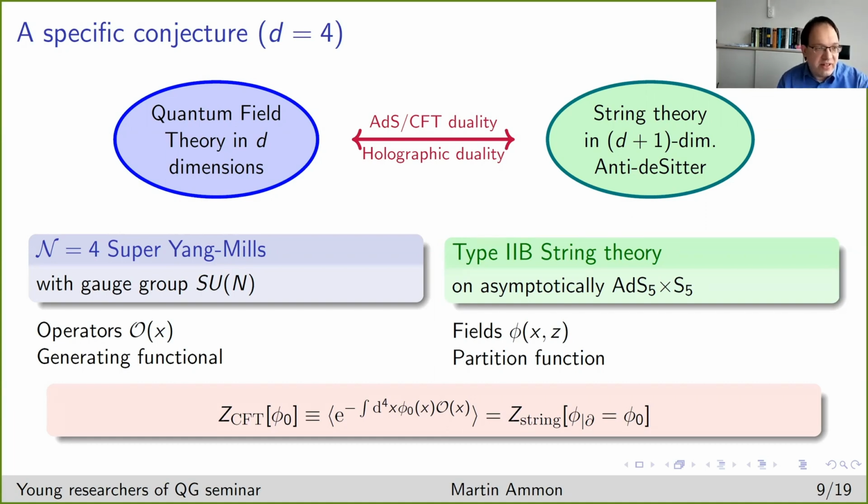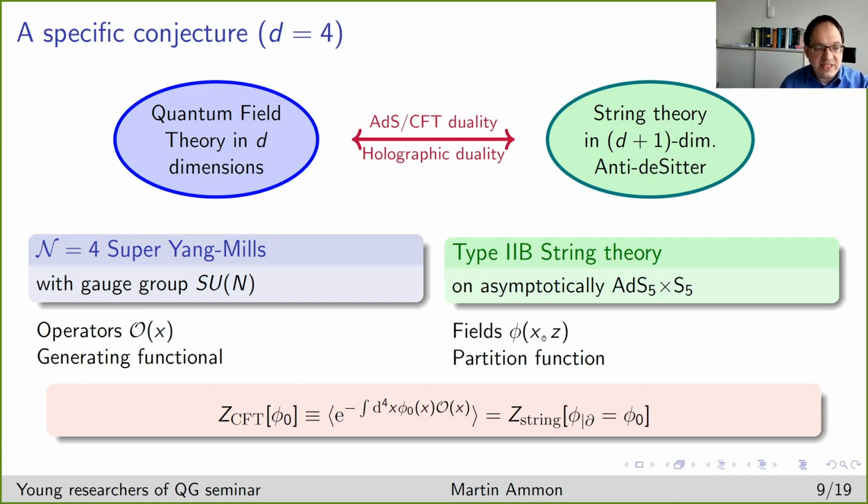And so this is one of the famous relations between a quantum field theory on the one hand side, where there are no gravitational degrees of freedom, to string theory, and we know the massless degrees of freedom here are, among other degrees of freedom, the graviton. So this conjecture says that we should be able to map local gauge invariant operators in this super Yang-Mills theory, which I call now O(x), to fields on the gravity side.